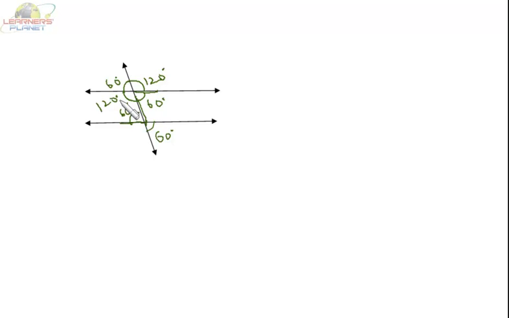And apart from that, this angle and this angle are interior opposite angles, so their sum must be 180. So it's 120 degrees, it's 60 degrees. These two are forming a linear pair, so this will be 120. And these are vertically opposite angles, so they will be the same. So this will also be 120 degrees. I hope you are getting my point.